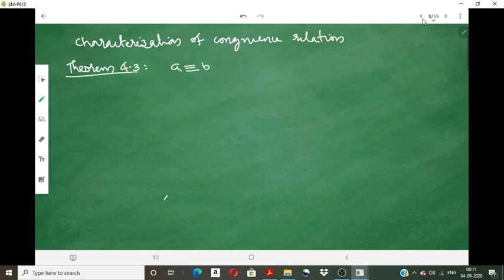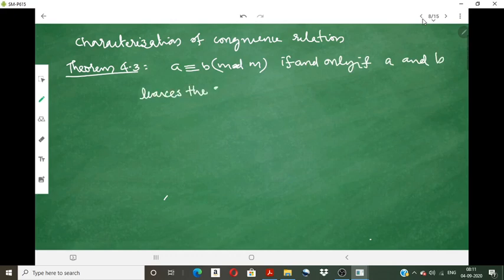A is congruent to B modulo M if and only if A and B leave the same remainder when divided by M. So we can consider this as another definition of the congruence relation also.